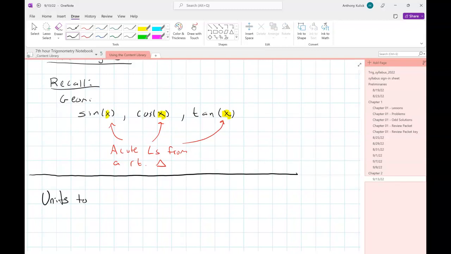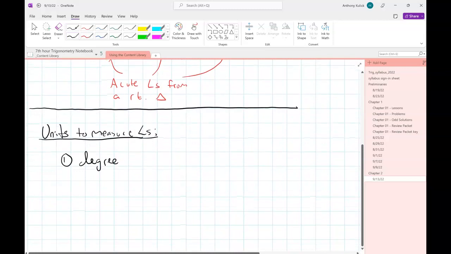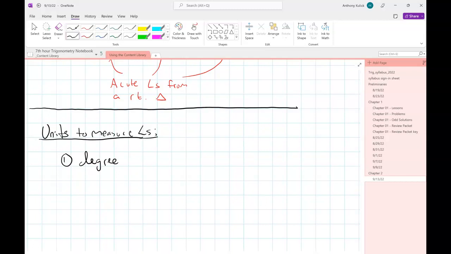In geometry, what unit did you use to measure angles? Degrees, right? Would you believe there's actually other ways to measure an angle? When I ask you what is a degree, other than a way to measure an angle, if I ask you to define what is 1 degree, it's kind of a tough question, right?